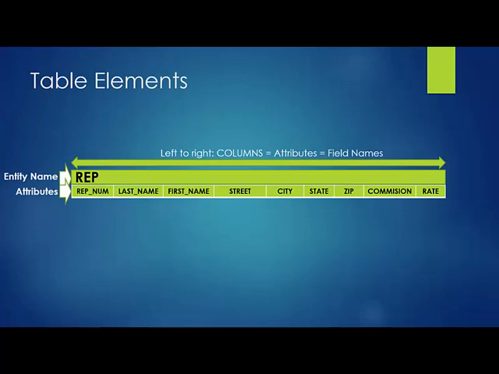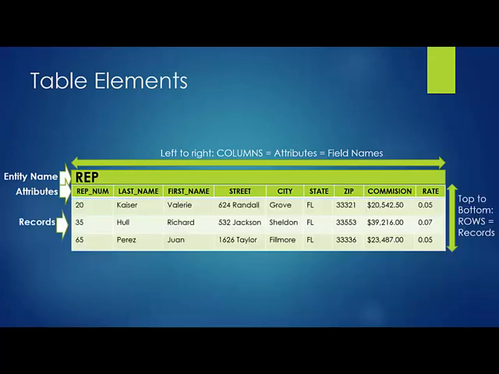Attribute examples, as you see in this rep table, are rep number, last name, first name, street, city, state, zip, commission, and rate. Rows or records go from top to bottom. Each record in a table contains individual information about the entity.